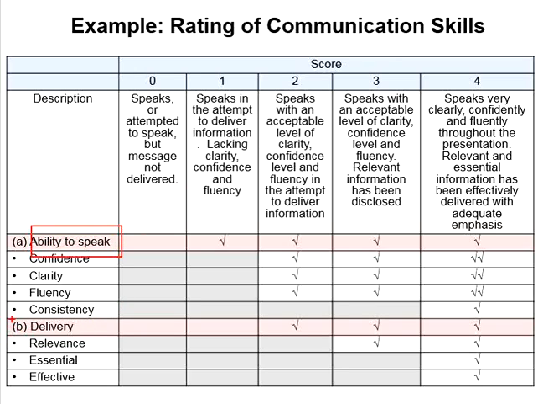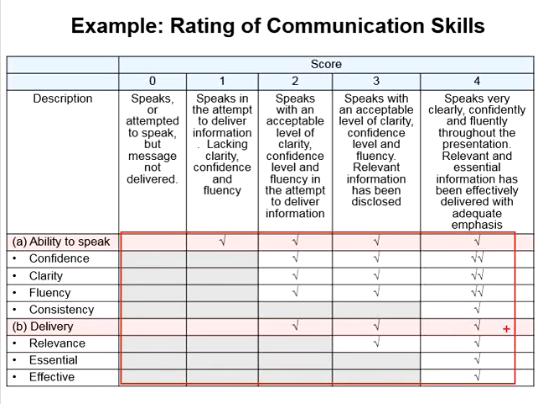Taking these two as the basis, you can then think about the subcomponents of those components. What are the good characteristics that can be classified under the ability to speak? And what are the characteristics that you can classify under the delivery? And then you're going to work out the mapping.